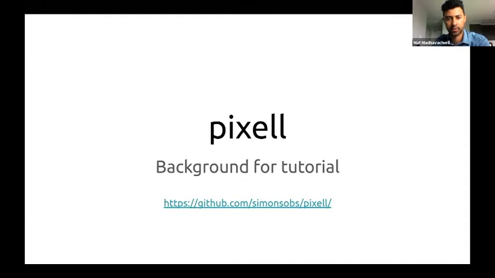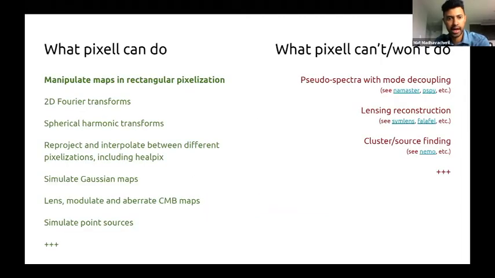This will be a brief introduction into a longer tutorial that you can find on the internet that I'll point you to. So what Pixel can do is manipulate maps, as I mentioned, in rectangular pixelization, but it can also do many additional things like calculating Fourier transforms, spherical harmonic transforms, reprojecting and interpolating between different systems, simulating maps, including simulating lensing of these maps and simulating point sources.